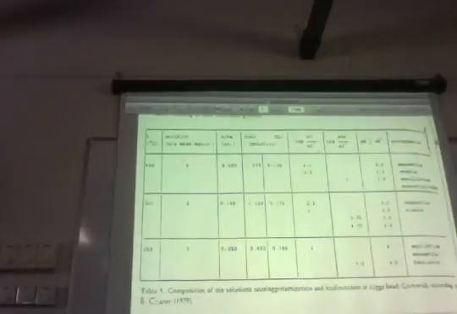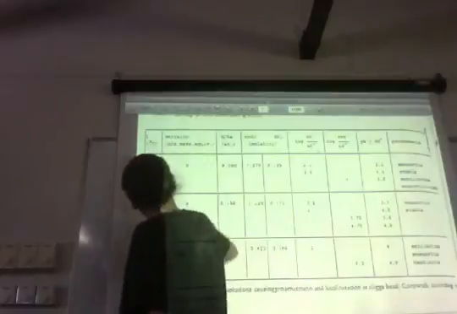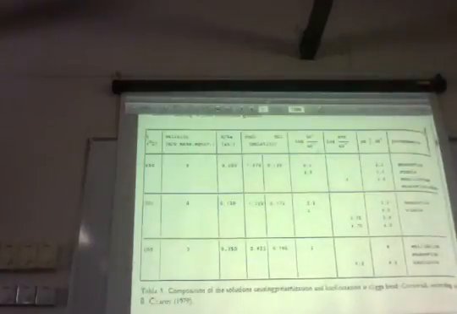So what you should have in mind now as an ES301 student is that ore forming processes are strongly controlled by the temperature, the depth, the salinity, and the pH. Yeah?